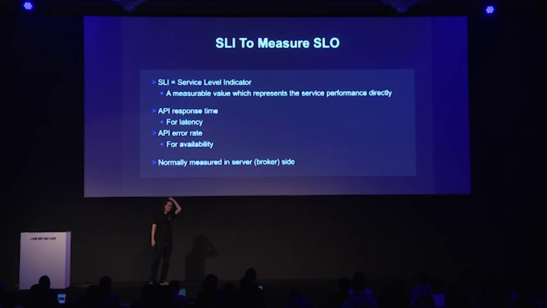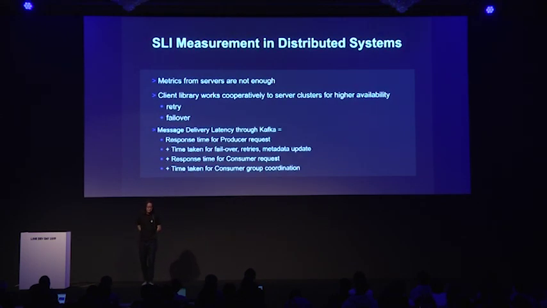So those can be used for latency and availability, but are they enough? In a distributed system like Kafka, client perspectives need to be also reflected. In the distributed system like Kafka, client and server are working in tandem to perform retry, failover, and so on.